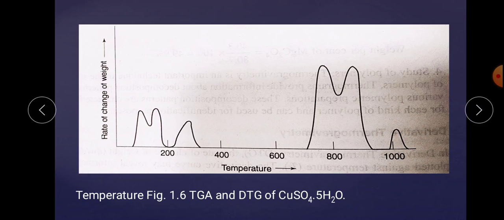These are the six different peaks observed. It clearly states that there are six steps where the rate of change of weight with respect to temperature is differentiated even within the same temperature range.